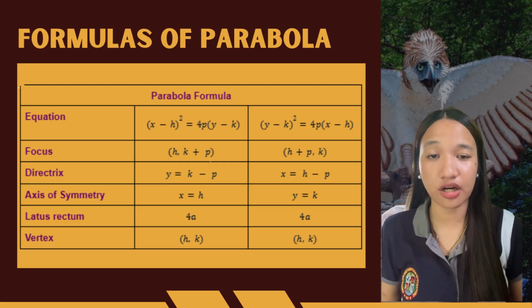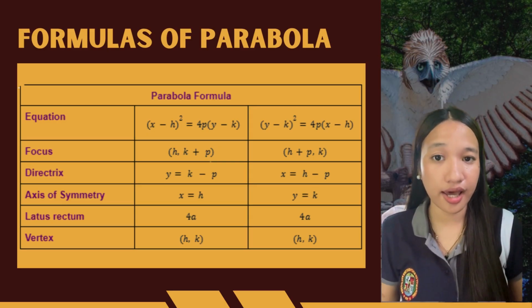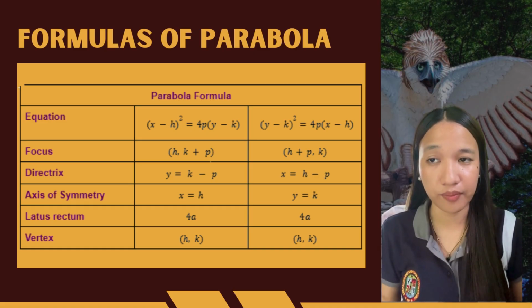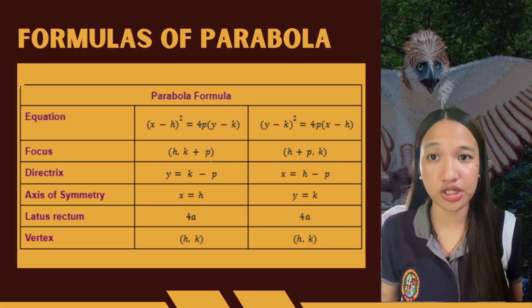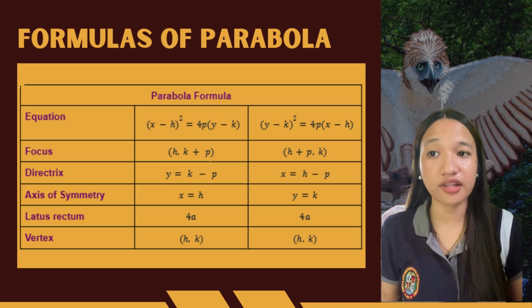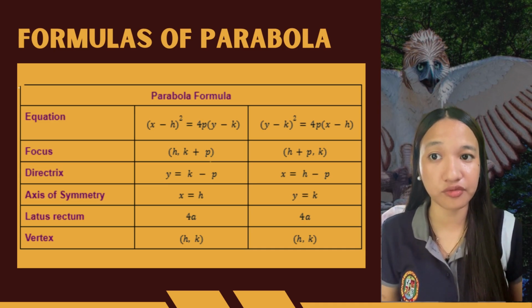The directrix of vertical is y = k - p, and directrix for horizontal is x = h - p. The axis of symmetry of vertical is x = h, and of horizontal is y = k. The latus rectum of vertical is 4a, the latus rectum of horizontal is also 4a, and the vertex of horizontal and vertical is (h, k).